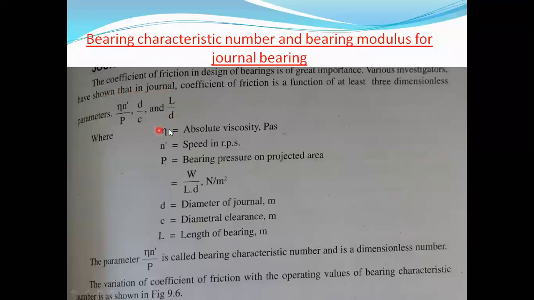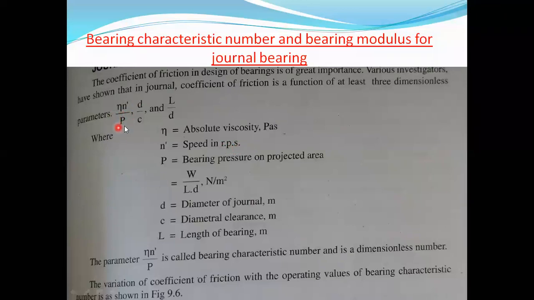Here eta is the absolute viscosity, always represented in pascal-seconds. N' is the speed in RPS, not RPM, that is, revolutions per second.